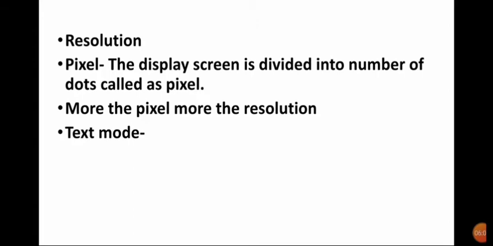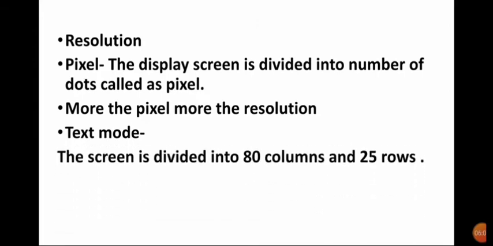Text mode. What is meant by text mode? In text mode, only text in ASCII format is used to display on your screen. In text mode, the screen is divided into 80 columns and 25 rows.